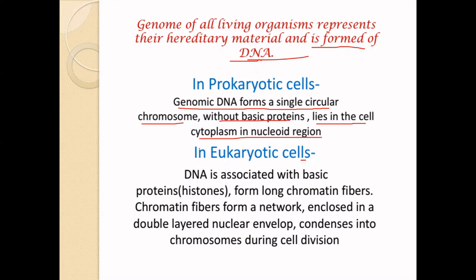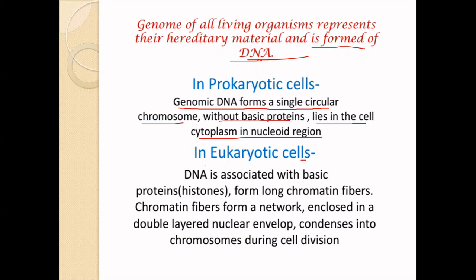So a prokaryotic cell is basically composed of a single circular DNA, which we also call the single circular chromosome, and that DNA is not bound with proteins. So a DNA-protein complex is not present here, and the genome is basically composed of their single circular chromosome.